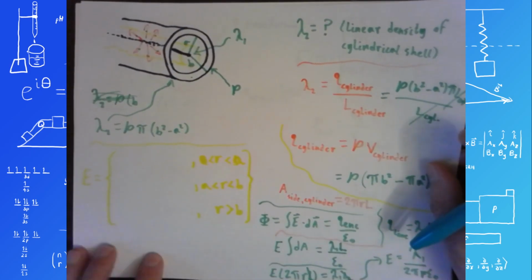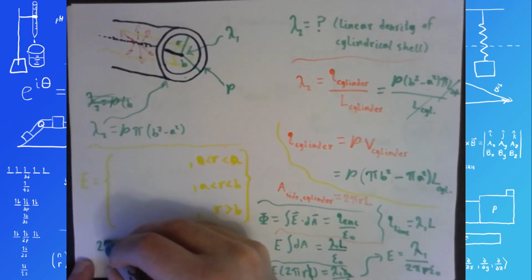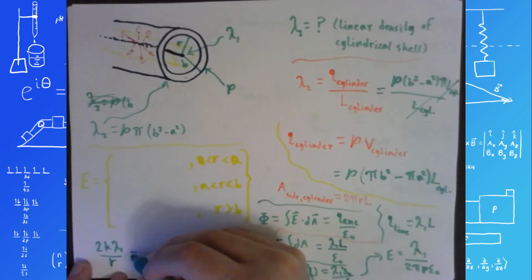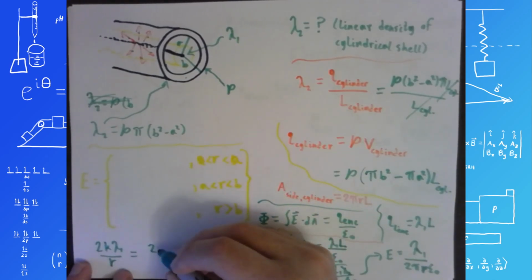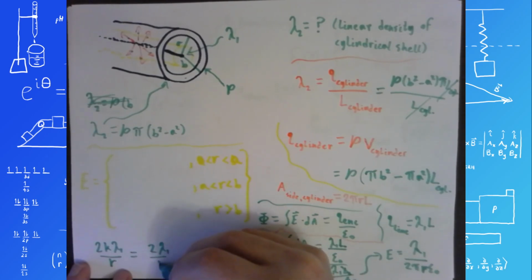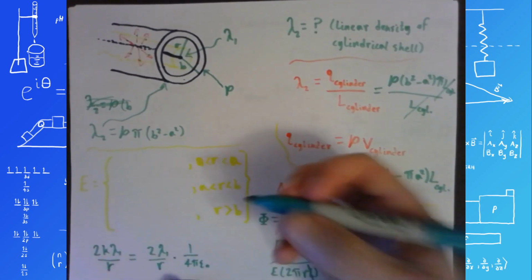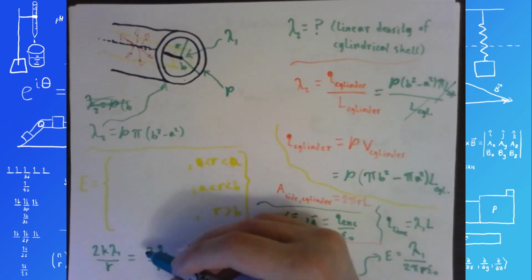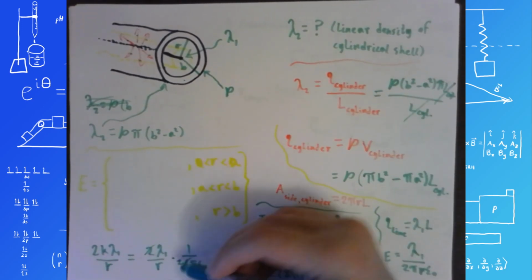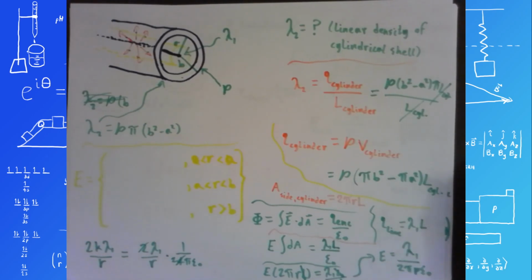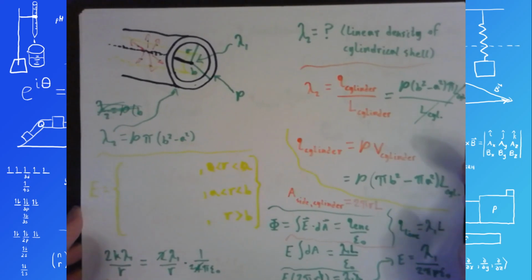So if I write 2k lambda 1 over r, I can rewrite that as 2 lambda 1 over r times k, the Coulomb constant, which is equal to 1 over 4 pi epsilon naught. So I can reduce the 2 and the 4, that leaves us a 2, and lambda over 2 pi epsilon naught times r. Yep, we got it. So yes, it agrees with the result that we got last time.